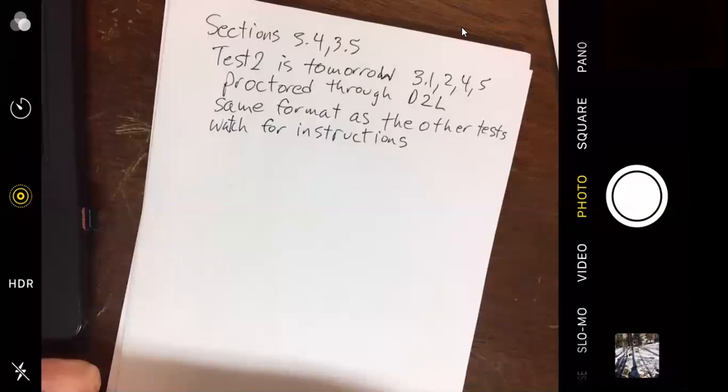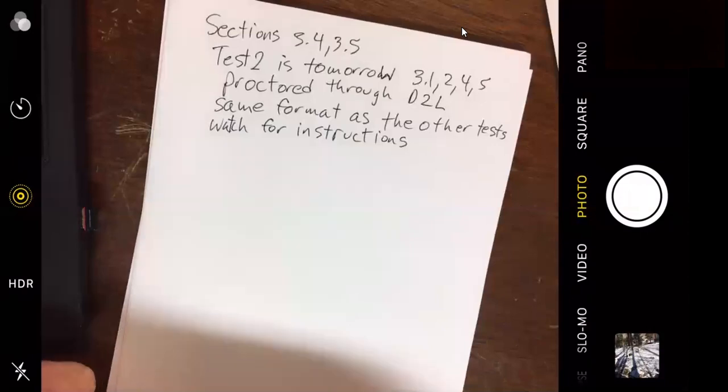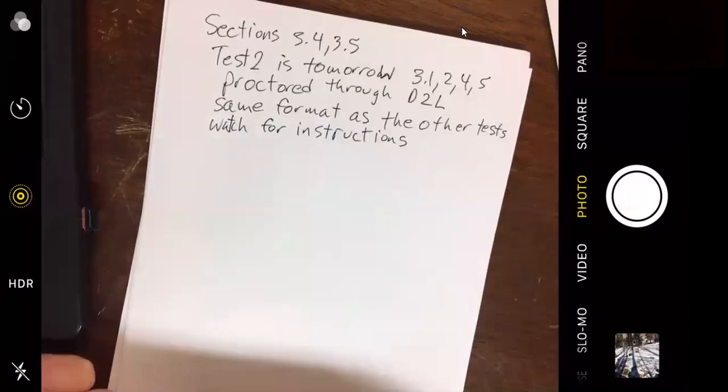Okay. Yeah, I see it now, but I'm just not opening it. It's not opening for you? Well, let me try to go into D2L and just see.